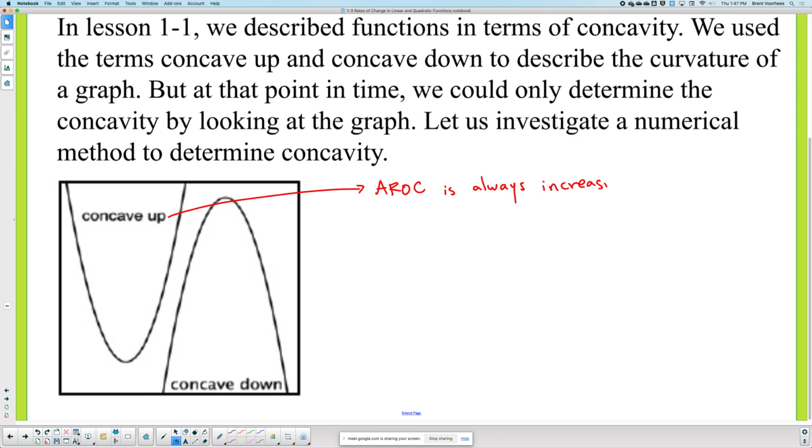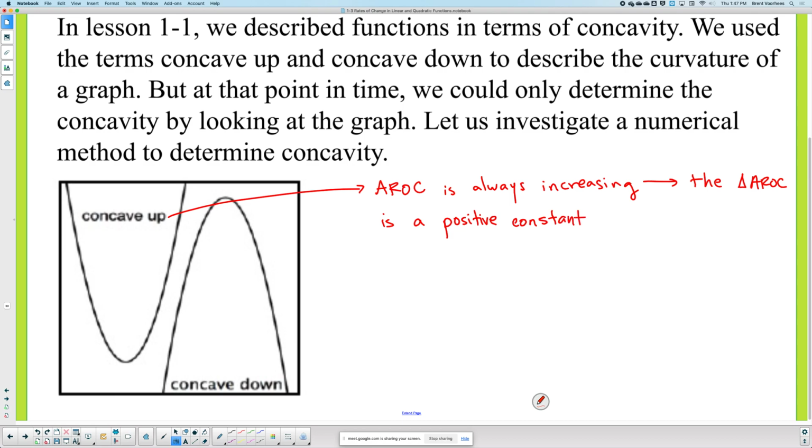Well, we're going to add something today. If the AROC is always increasing, that means the change in AROC is positive. I want to say a positive constant.